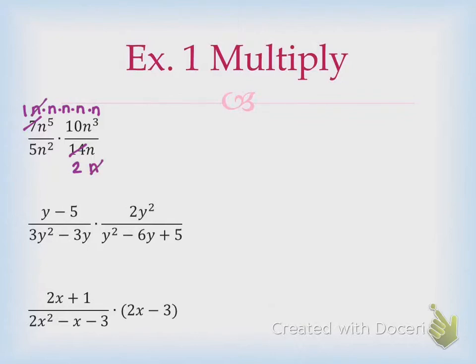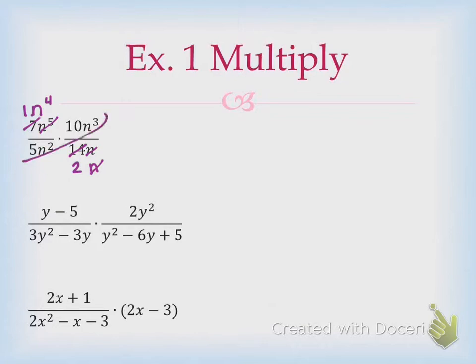How many n's would I be left with up top? 4. So you would have n to the 4th power, and this n right here would totally cancel out. Does that make sense to everybody? So now my new numerator is 1n to the 4th, and my denominator on my second fraction is 2.